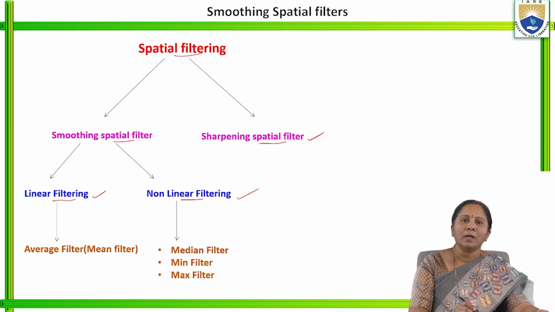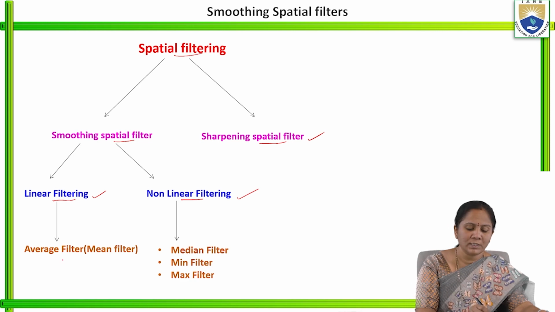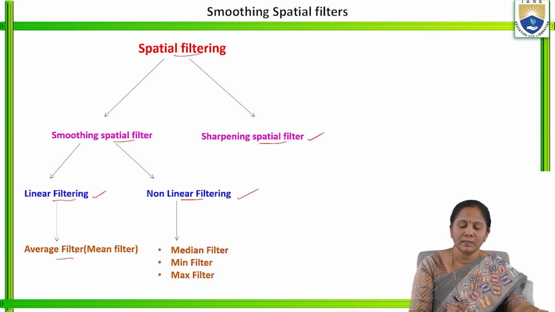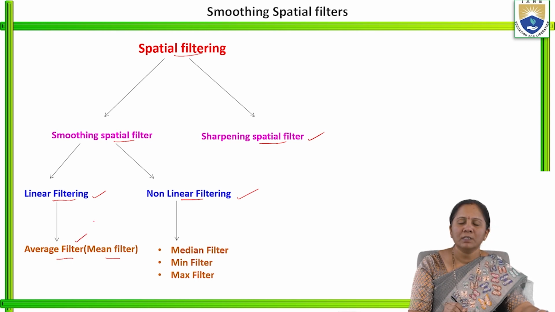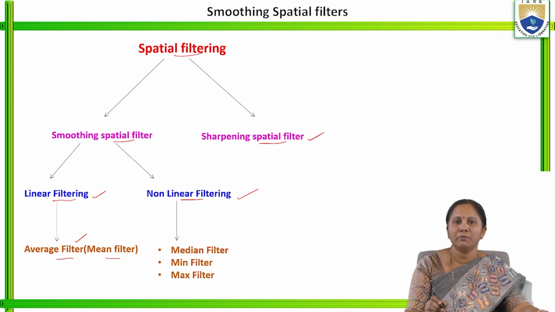Under the linear filter, we have different types. The Gaussian filter is there, and also the average filter. The average filter is also known as the mean filter. It is called the average filter because we calculate the average value of the pixels in the given image.